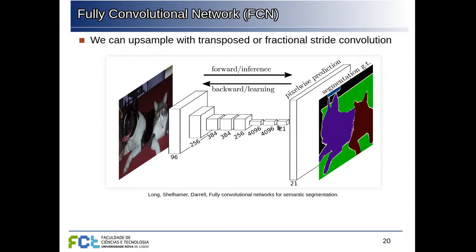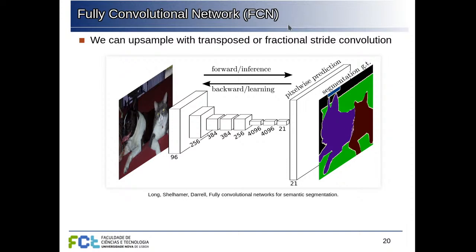We use the same transformations here on the input image. We obtain these feature maps at the end, which are rough maps of the classification of different regions in the network. And then we train an upsampling layer that will convert this rough map into a finer map with the pixels of the original image classified.